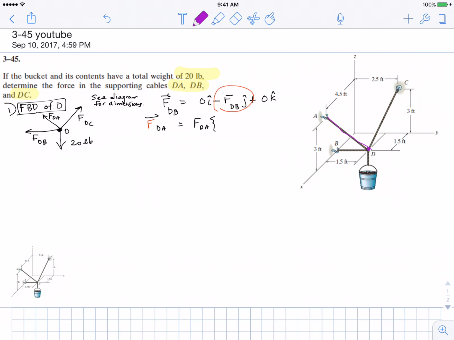This is where I like to pretend I'm an ant located at D and I have to get myself over to A. I see a little cord going right to left. So I'm going to first just move negative 1.5. And what direction was that? That was in the j direction.